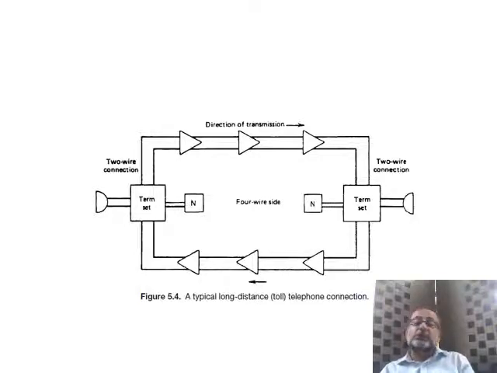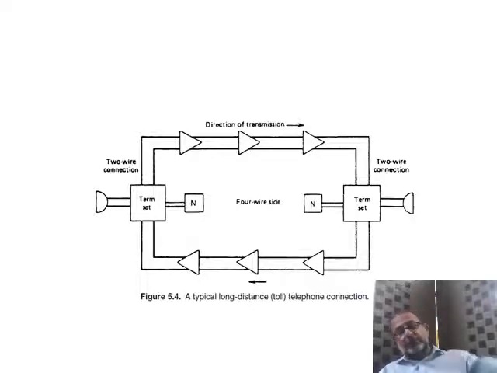Now, it is also clear in this diagram that we have got three amplifiers on the lower side which go towards the farther end, and three amplifiers on the upper side which go towards this terminal set. On the farther end we have got the terminal set of our destination.